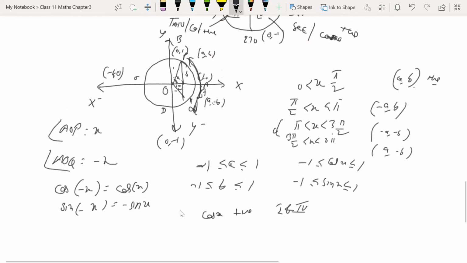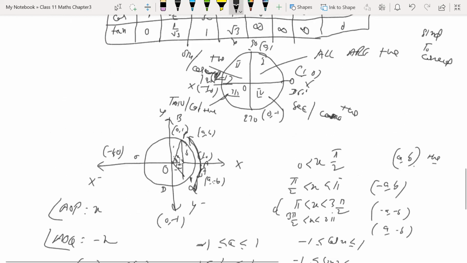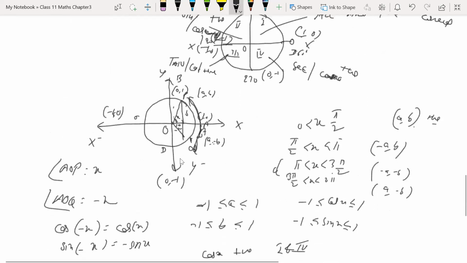Sine is positive in the first and second quadrants. Cos is positive in the first, but not in the second quadrant. Tangent, cosecant and cot are positive in the first.